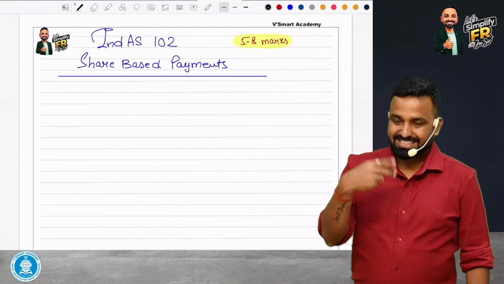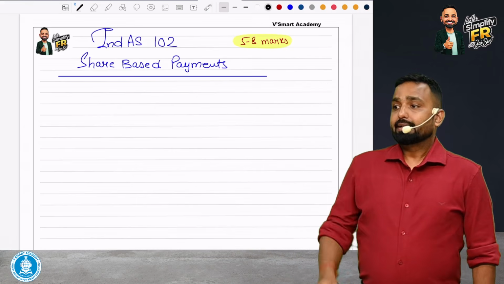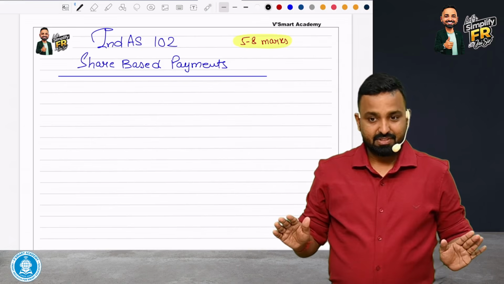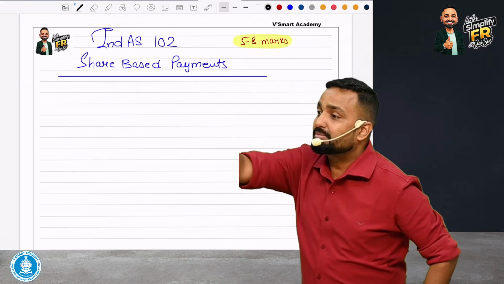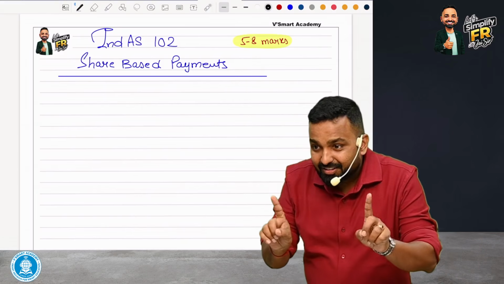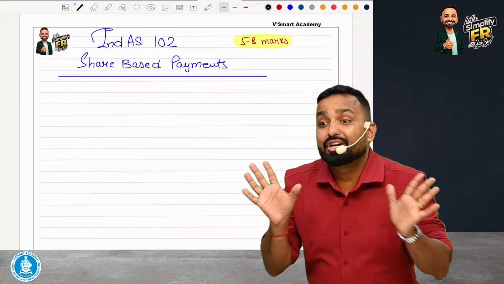Understood? Second, on grant date, I told you that you need to first work for 3 years. Then only you will be eligible for ESOP. Right now you are not. You are just entitled. You have been just offered.